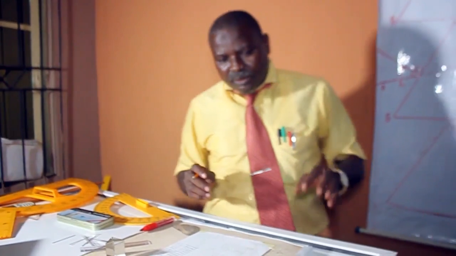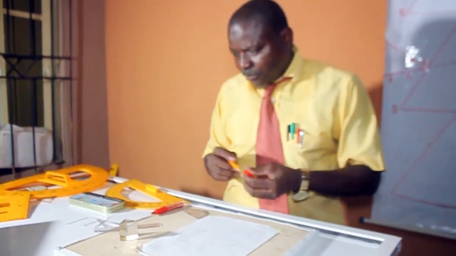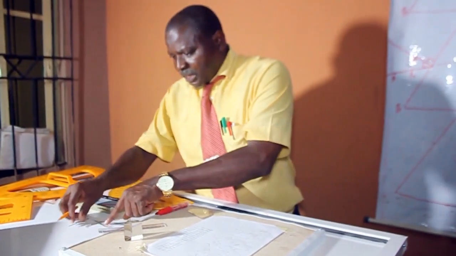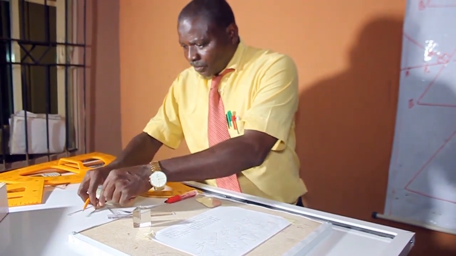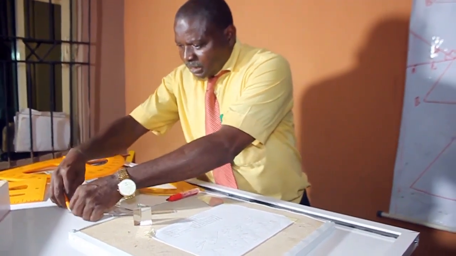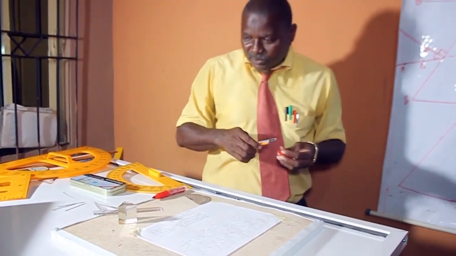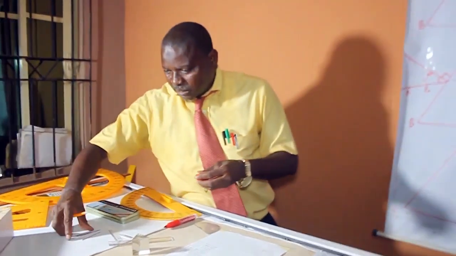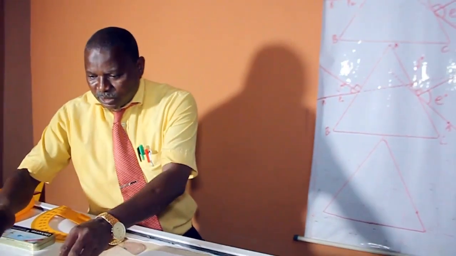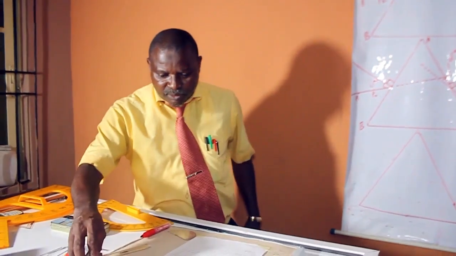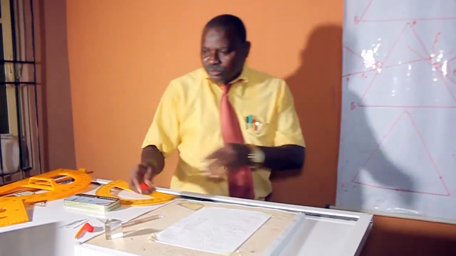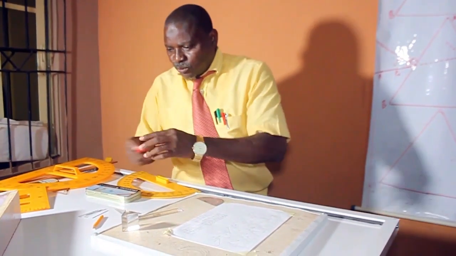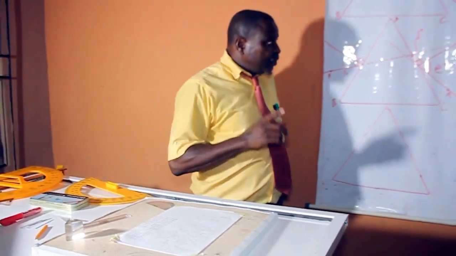Now, anytime this practical comes up, this practical on triangular prism, many students fail it, and this is the reason why they fail it. So that when you know the reason, you make sure that you avoid doing that.